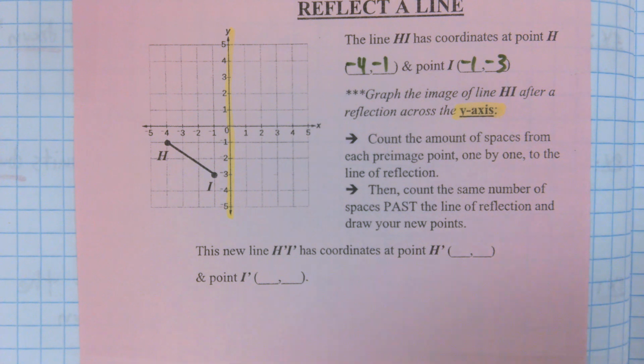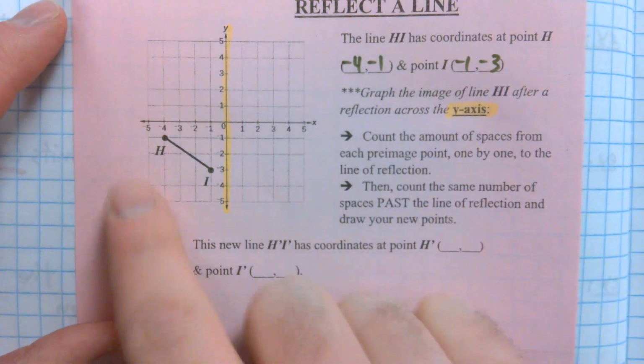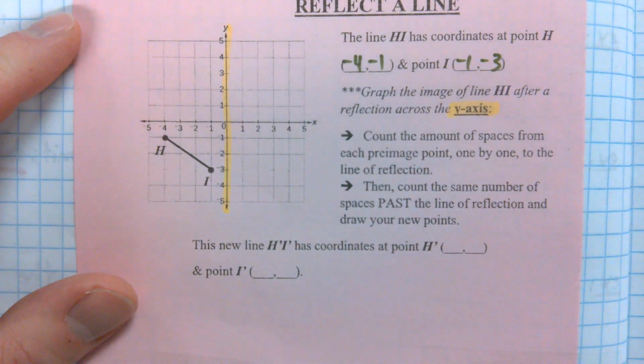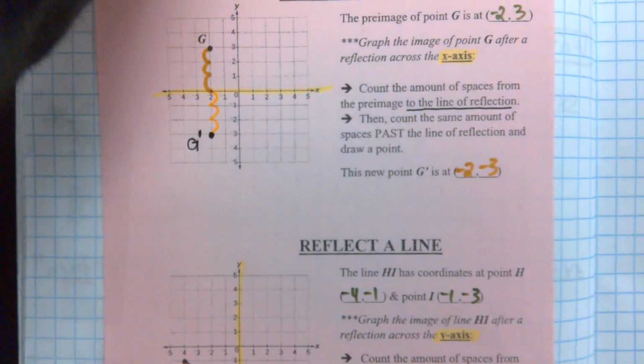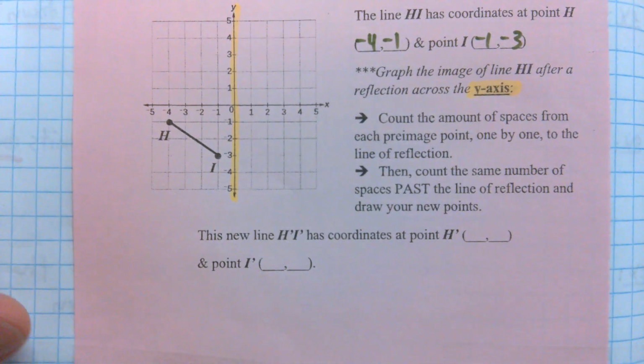Okay, so we know where our line of reflection is. We're going to go point by point, count the amount of spaces from the pre-image point to the line of reflection, count that same number past. Now this one's going to be interesting because we don't just have a point, we have a whole line.